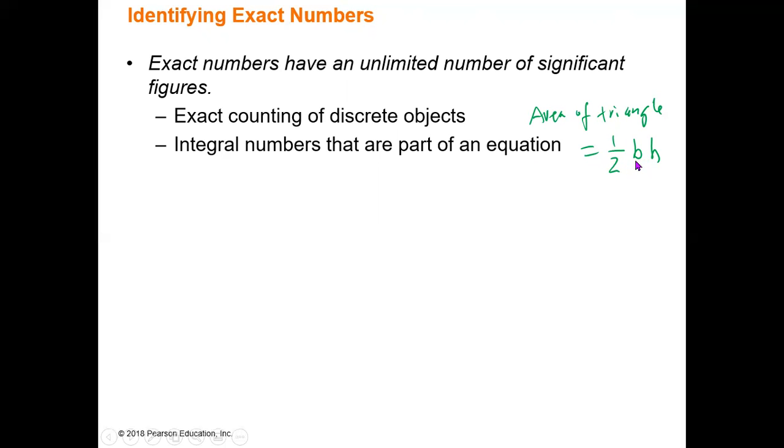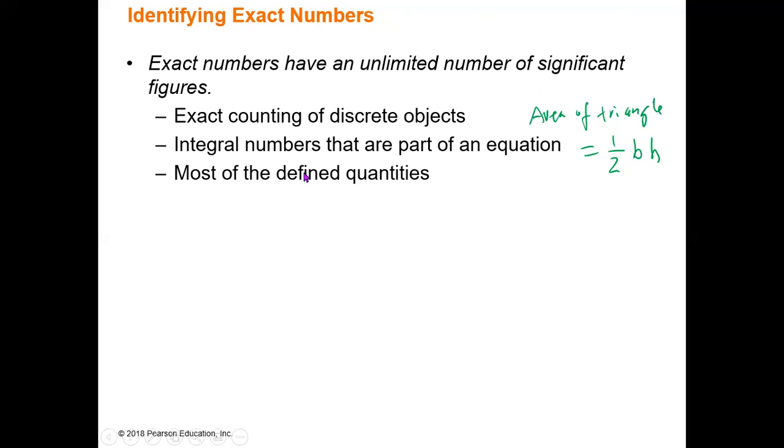Obviously, you also need to know the base and the height to calculate the area of the triangle. But this 1 or 2 just comes from the equation for the area of a triangle. No matter what triangle you have, when calculating the area of a triangle, you always use 1 divided by 2. So this 1 and 2 are exact numbers, which means even though they look like they only have 1 digit, they have an unlimited number of significant figures.